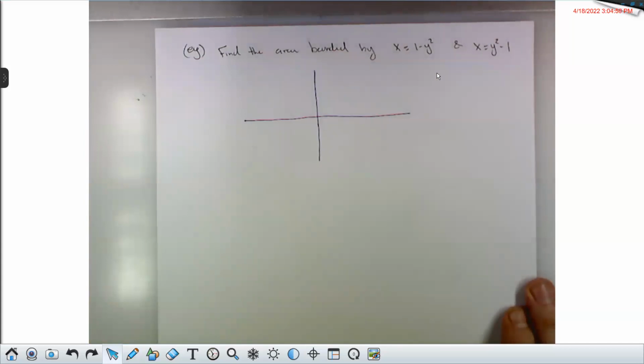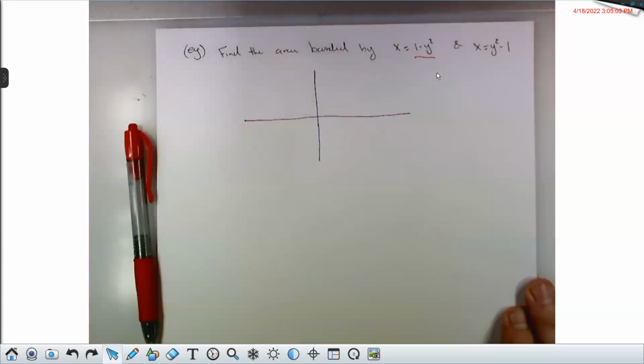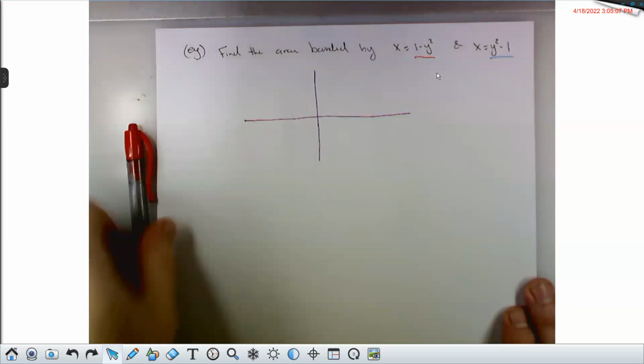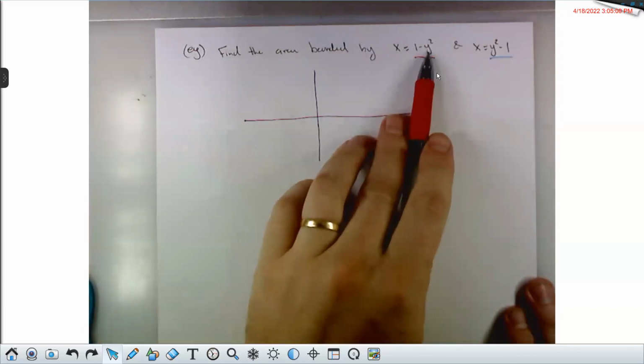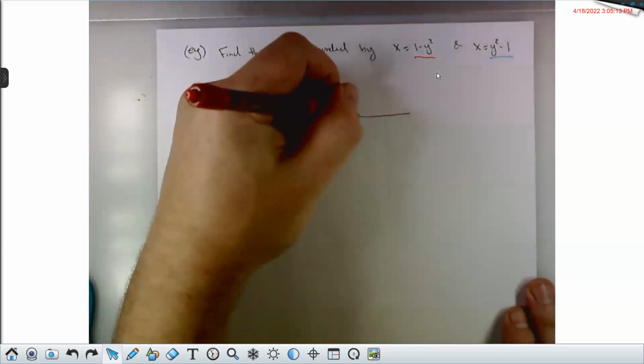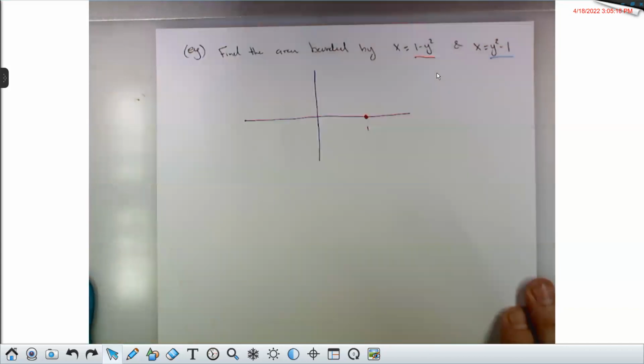I'll put 1 minus y squared in red and y squared minus 1 in teal. If you plug in y equals 0, then you get x equals 1. So the red curve goes to the point 1 comma 0.